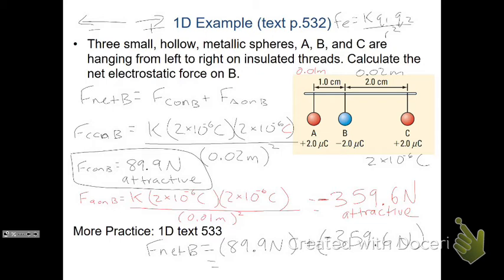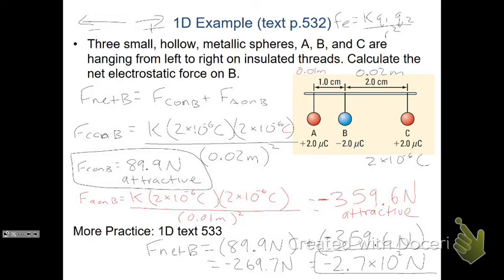And then we get a value of negative 269.7 newtons. And we need to write this in sig digs. We have 2 sig digs, so we go negative 2.7 times 10 to the 2 newtons.